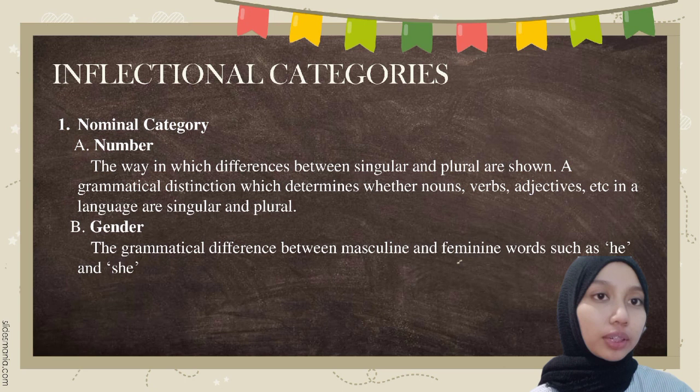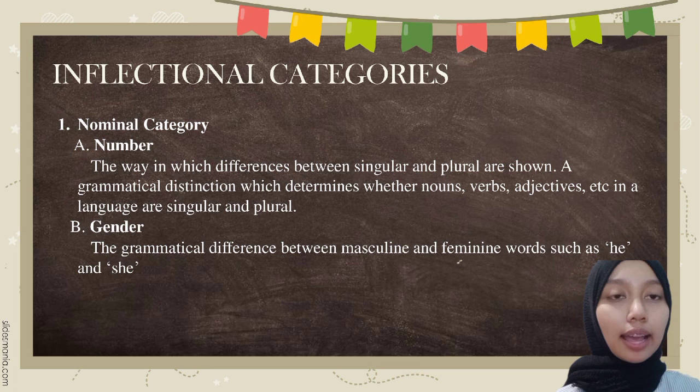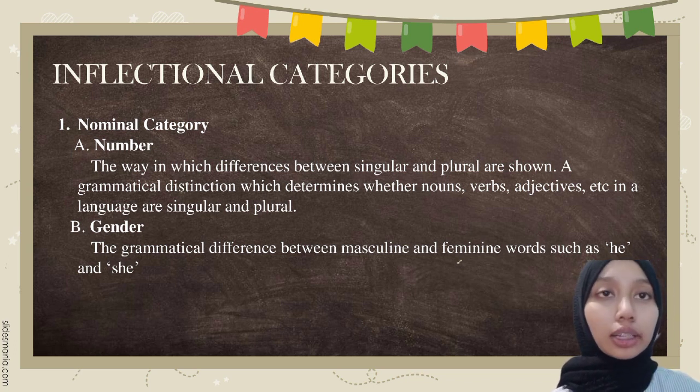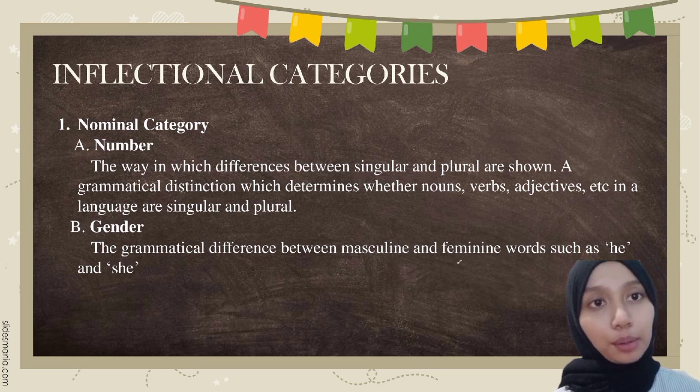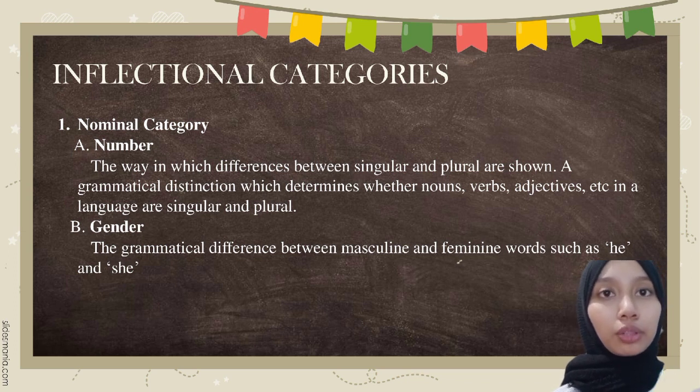Hello everyone, my name is Nurul Isania. Today I will explain about inflection categories. In inflection categories, there are nominal categories: number and gender. Number is the way in which the difference between singular and plural is shown. It is a grammatical distinction which determines whether a noun, verb, adjective, etc. in a language is singular or plural.